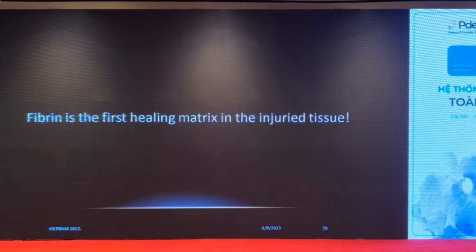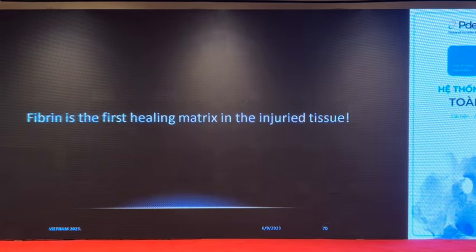And what we have to use is fibrin, because fibrin is the first healing matrix in the injured tissue.